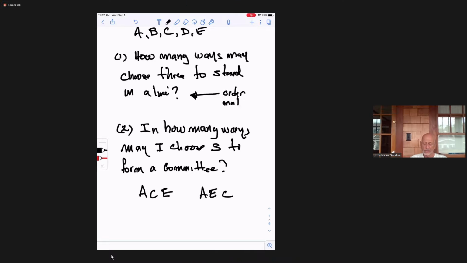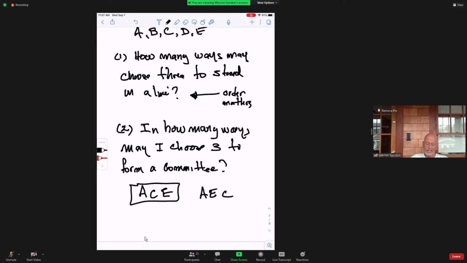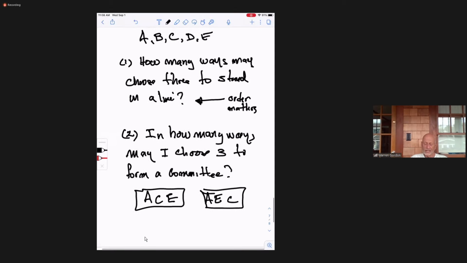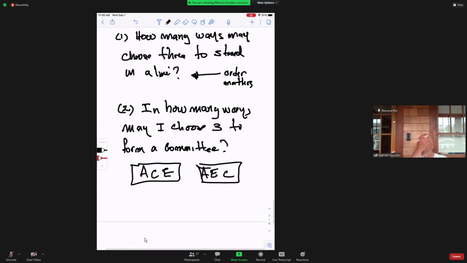For the same people, just moving them around a little bit gives me a different line. Now in this group, whether I choose A, C, and E, or A, E, and C, I've chosen the same committee, haven't I? So whether I choose A, C, and E, or E, C, A, or A, E, C, or whatever, it's still the same committee. So the order does not matter.